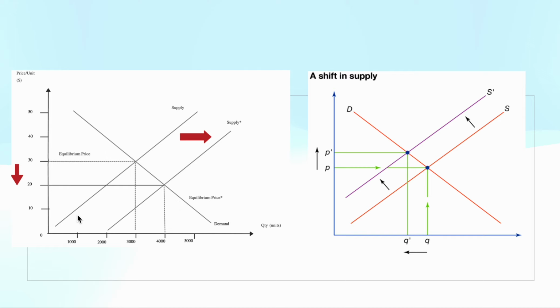Because it is external, it applies to every price point. So you see a shift in supply, and your equilibrium naturally goes from your old equilibrium, which is here, to a new equilibrium, which is here. On the right-hand side, you have a case of a left shift, so a decrease in supply at every price level. So you go from the old equilibrium here to a new equilibrium here.